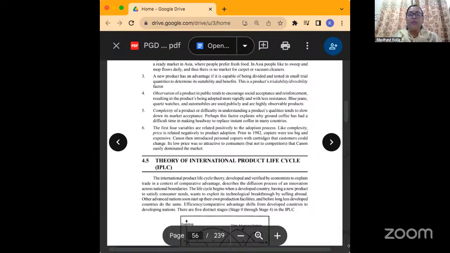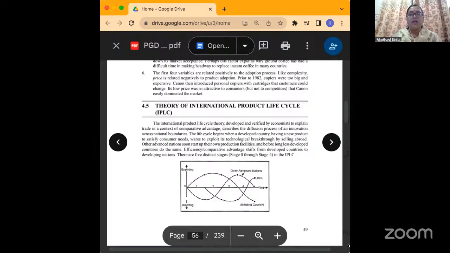For that, we will be doing a small trialability and divisibility, and based on that, we will get a sense of whether a product has an acceptance, whether there is certain changes that are still needed, or if there is a total rejection of a product. Now, that is something also that we need to understand and be prepared for.